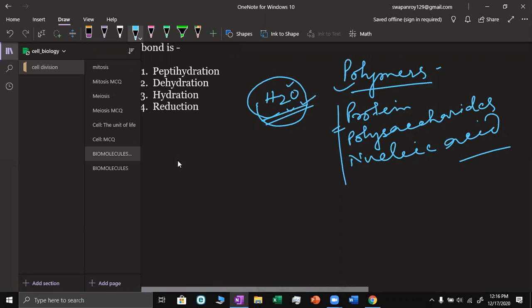In peptide bond formation, one molecule of water is released. Glycosidic bond is formed in the formation of polysaccharides.